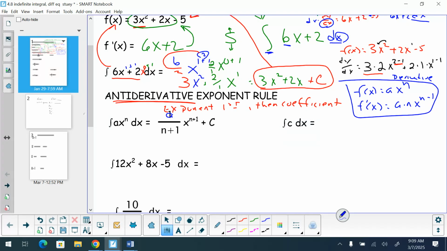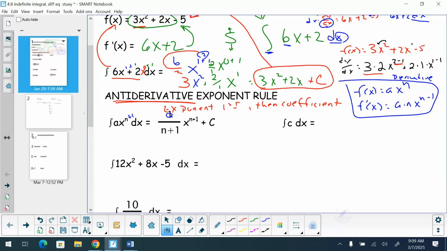My suggestion to you, and this is what I see a lot on students' papers as you go forward into the antiderivative world: I see a plus 1 there, so that reminds students that I have to add 1, add 1, add 1, and I work with that first.